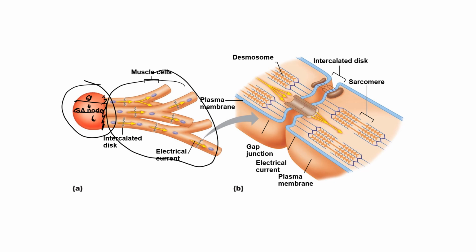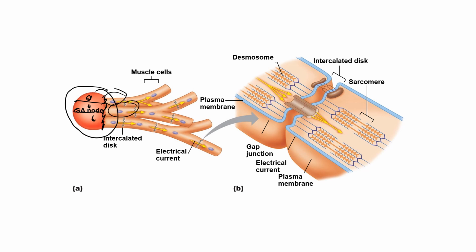The point I'm trying to make is that the SA node fibers are actually physically attached to the contractile fibers of the right atrium. The SA node fibers and the contractile fibers are all part of the right atrium, but they have different functions, as you're about to see. The big point here is the SA node fibers are physically attached to the contractile fibers of the right atrium.